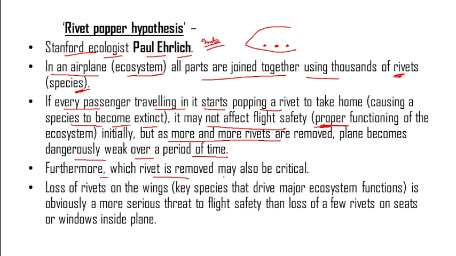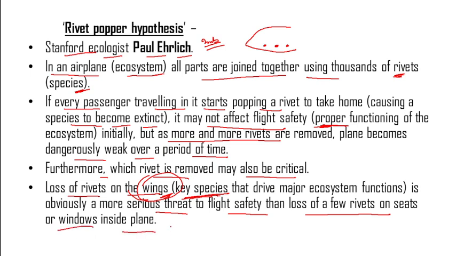Furthermore, which rivet is removed may also be critical. So loss of rivets on the wings, where wings are compared to the key species, the important species that drive the major ecosystem functions, is obviously a more serious threat to flight safety than loss of a few rivets on seats or windows inside the plane.